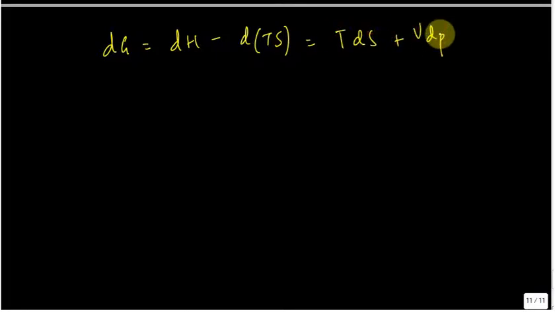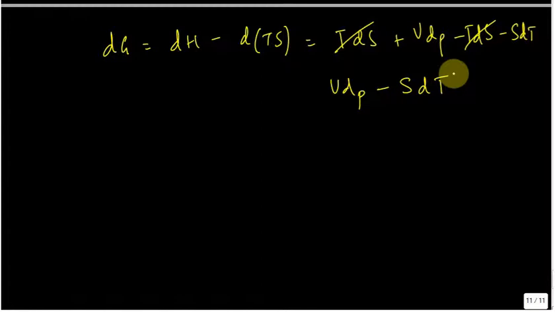Just go up two pages and look at it. If it doesn't come out right, I'll let you know. Yes, that's right. So VdP minus SdT. The natural variables are, of course, pressure and temperature, and that's what we've been seeing all the while.